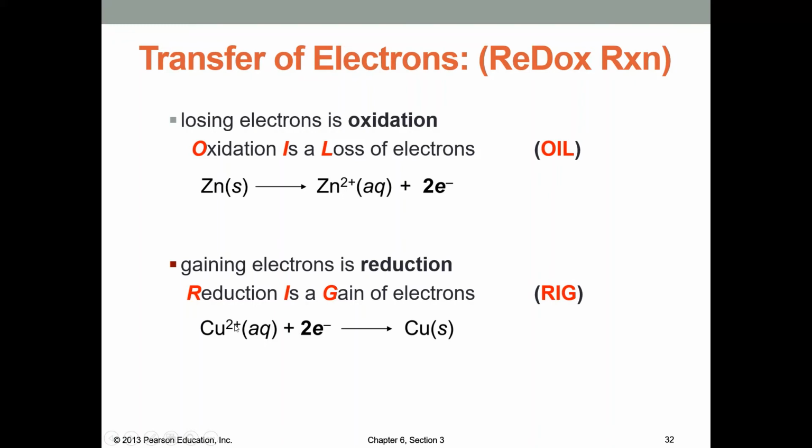You are becoming more negative, okay? And here's our copper. I'm going from a positive charge to neutral. It means I gained. And in reduction, the electrons are on the reactant side. So RR, reduction is a gain. Okay? OIL RIG.